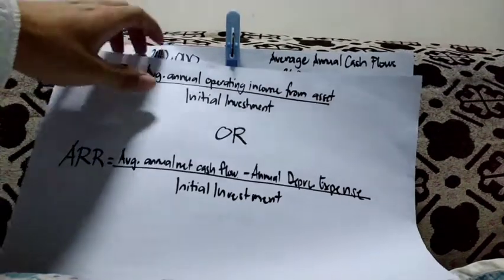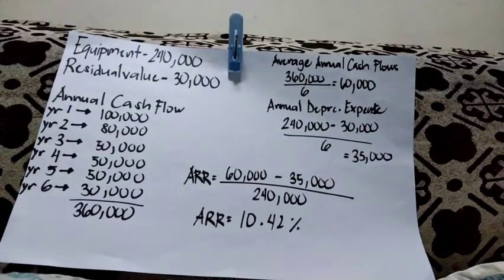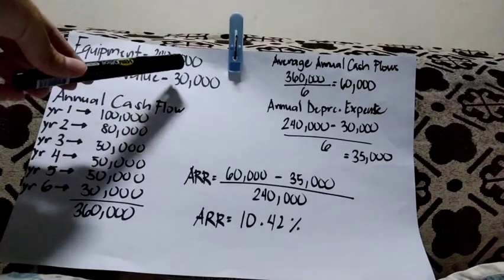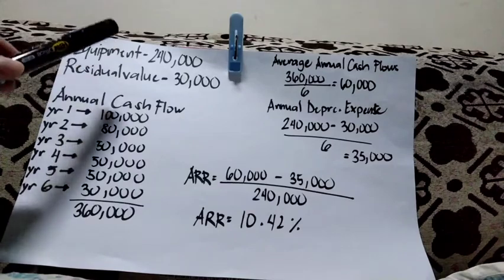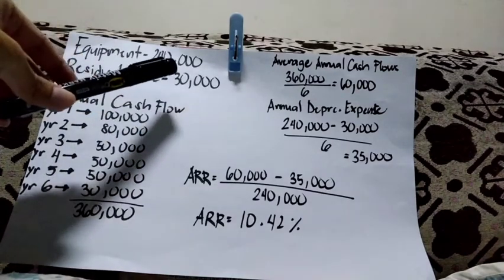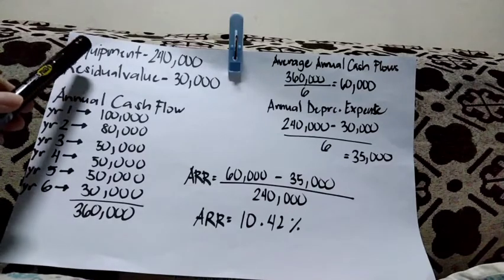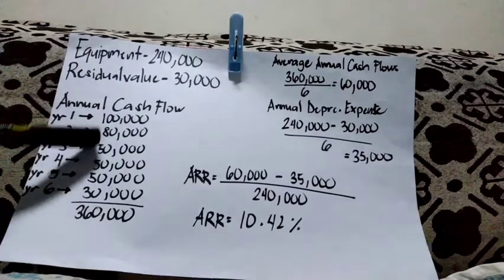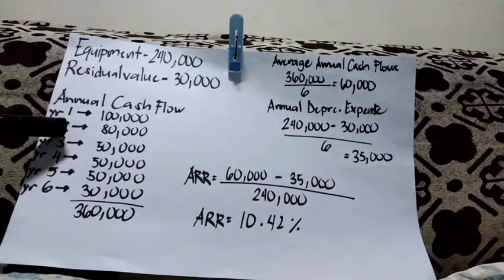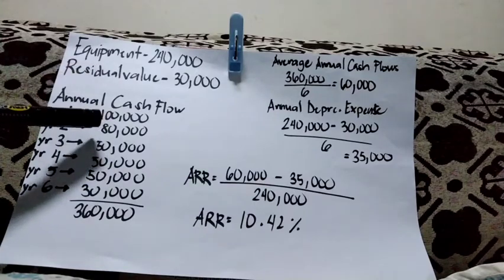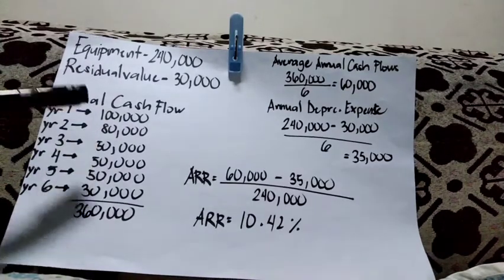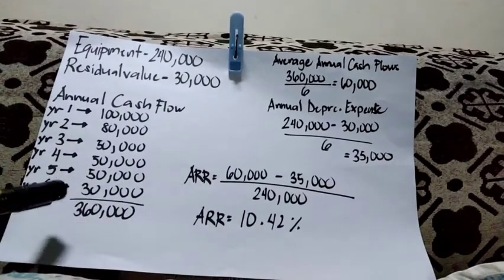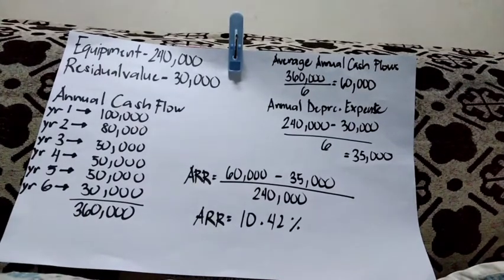For this example, there's equipment costing 240,000, with a residual value of 30,000, because equipment can be depreciated, so there is a residual value. For annual cash flow, year 1 is 100,000, year 2 80,000, year 3 50,000, year 4 50,000, year 5 50,000, year 6 30,000, with a total annual cash flow of 360,000.